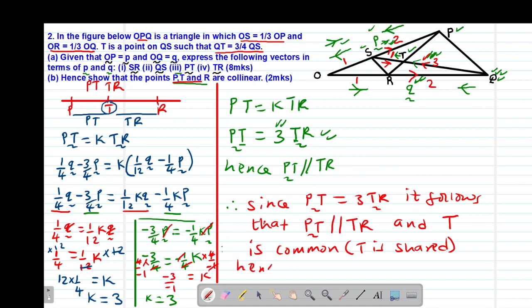Hence p, t and r are collinear. So the marking points are when you show that one of the vectors is a scalar multiple of the other, then the other marking point is telling us that there is a point which is being shared, in this case, point t.